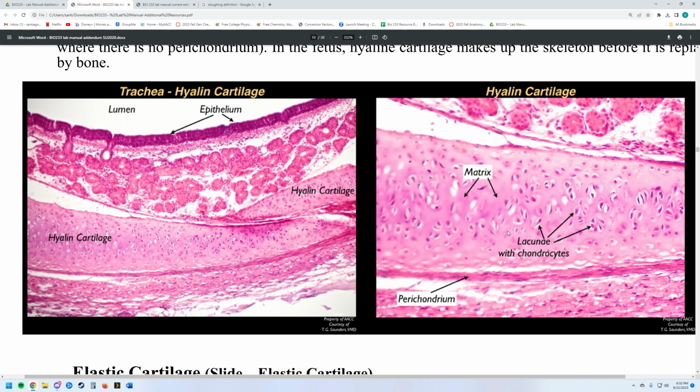I don't know. That's the matrix. So they're able to divide by mitosis and split and grow. But as this matrix gets more viscous, thicker, and they can't move very far, then they just kind of group up.